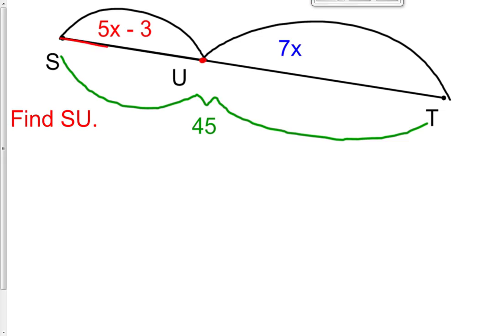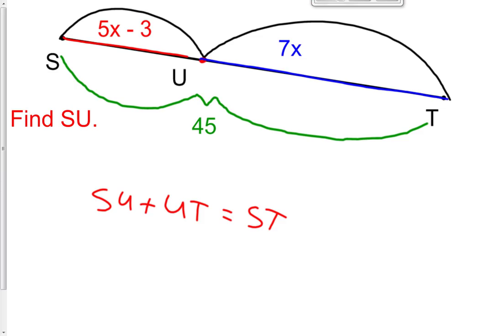It's not like this is half of 45 and this is half of 45. U just has to lie somewhere on that line. So using the segment addition postulate, segment SU plus segment UT equals the whole segment ST. That makes sense, right? This distance plus this distance has to equal the total 45.